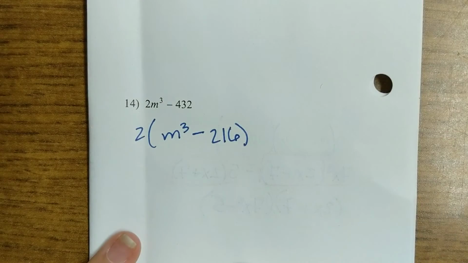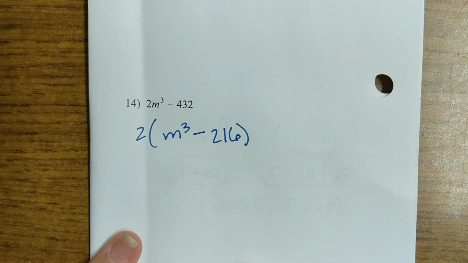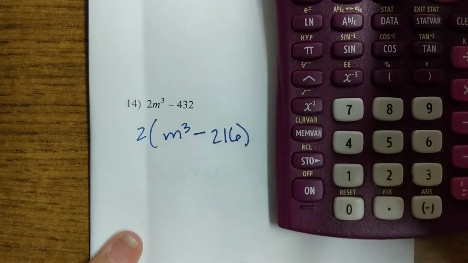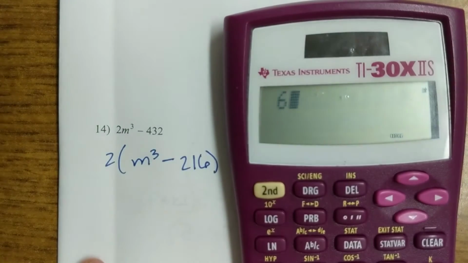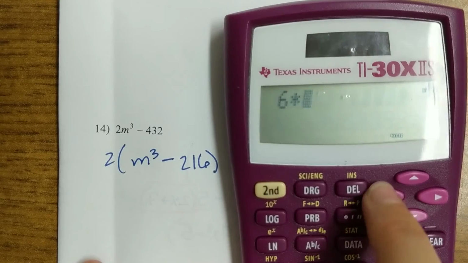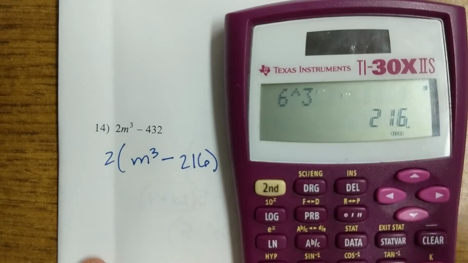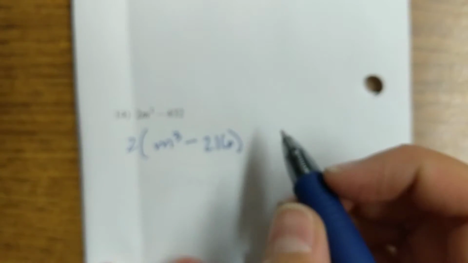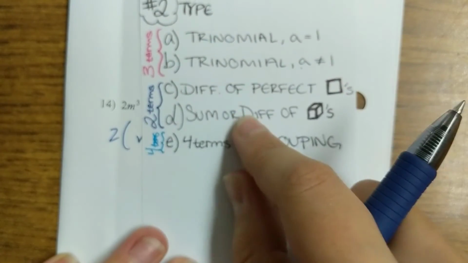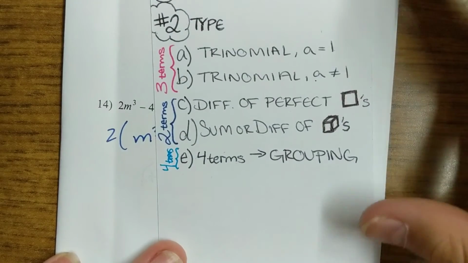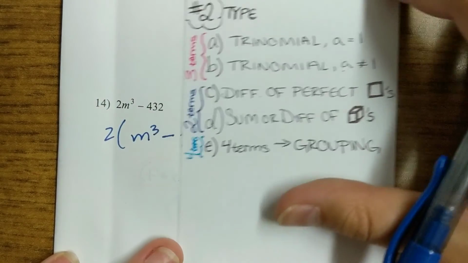Now, is 216 a perfect cube? Yes, it is. 216 is actually 6 times 6 times 6. 6 cubed is 216. Okay. So sum or difference of cubes. So 2 terms means difference of perfect squares or sum or difference of cubes.